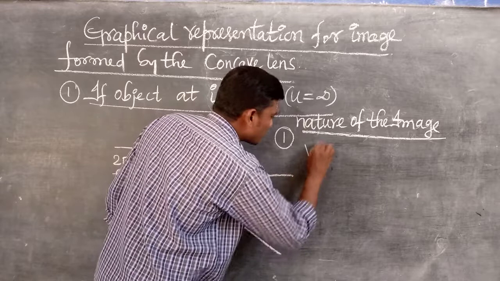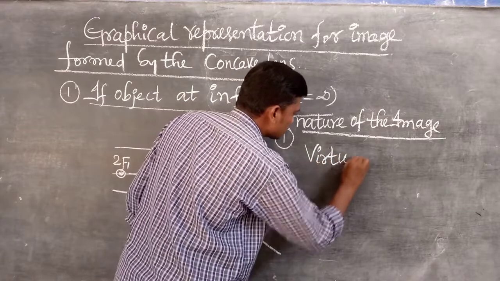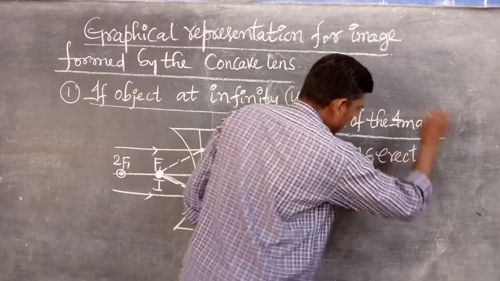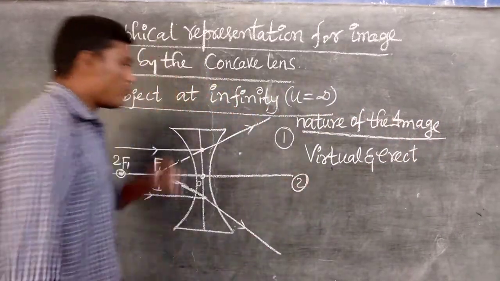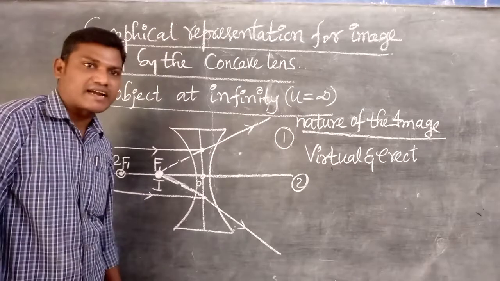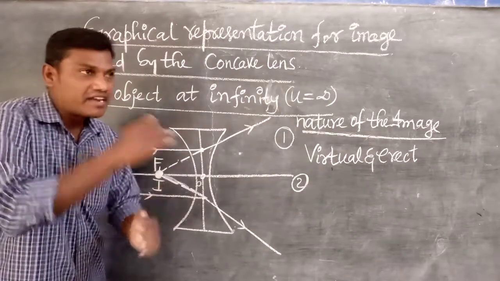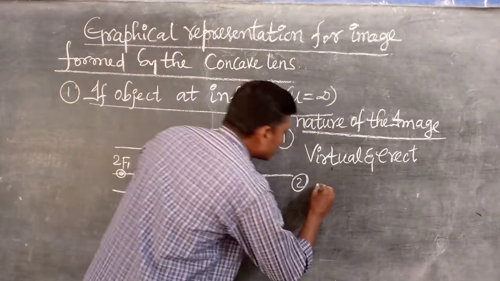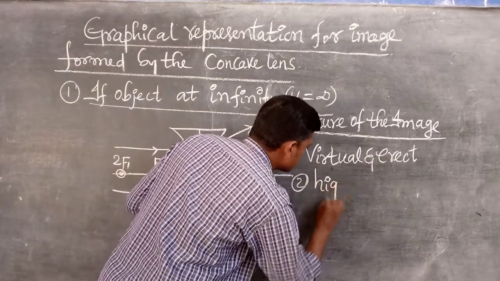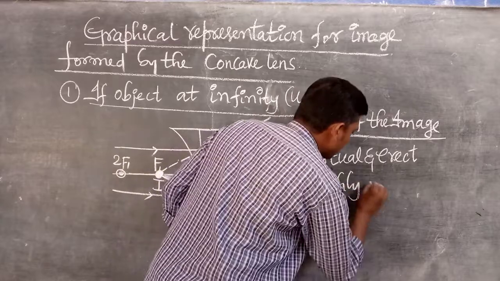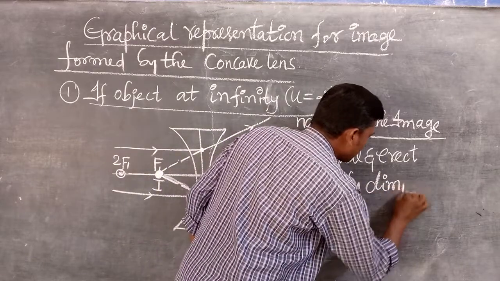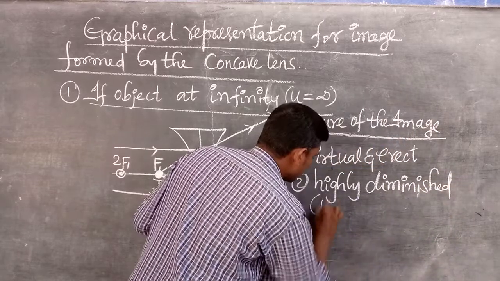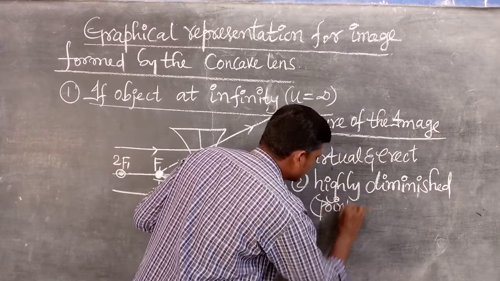So virtual and erect. First one: virtual image is always erect, that is, it is not inverted, it appears as usual. Second one, which type? Highly diminished or point size, which is nothing but point size.